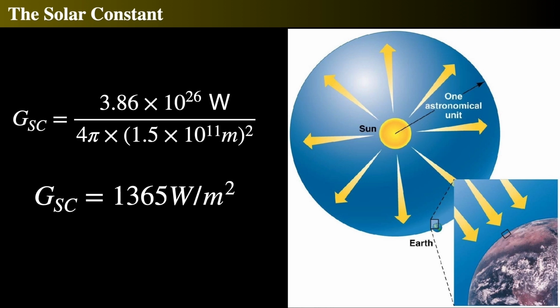The Earth just intersects a tiny fraction of all of that output. What we call that wattage per square meter at the surface of the Earth is the solar constant. And it's an amazing amount of energy if you really think about it.